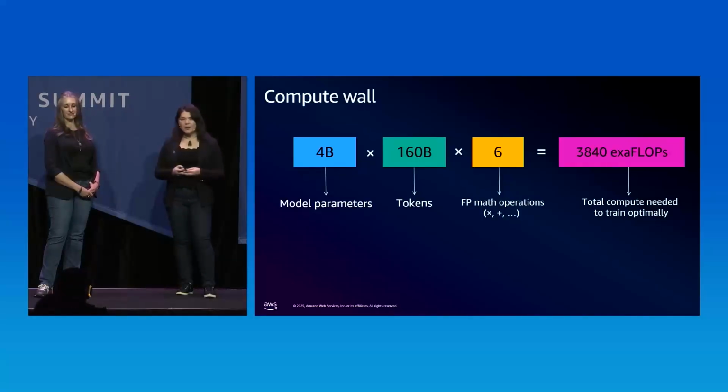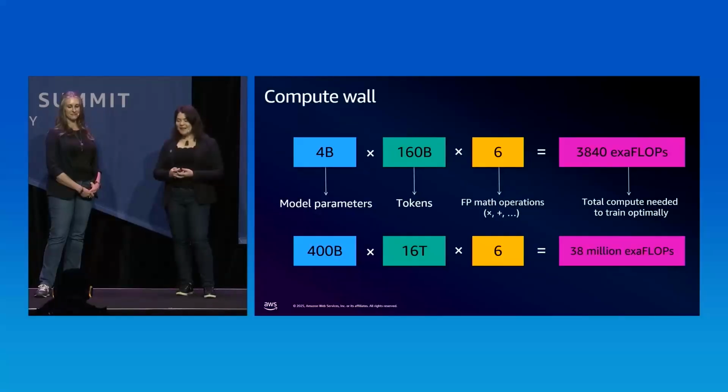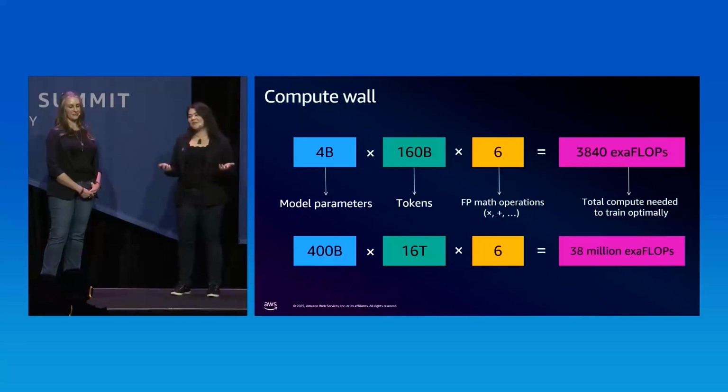And if we include our floating point operations, math operations on top of that, we need nearly 4,000 exaflop of compute. And again, if we go big and want to train a 400 billion parameter model, we need 12 P5s training just shy of 20 years in order to get the 38 million exaflop required. So we definitely need a lot more accelerators, and we need some algorithmic strategies. We do need to think differently about how we approach this.